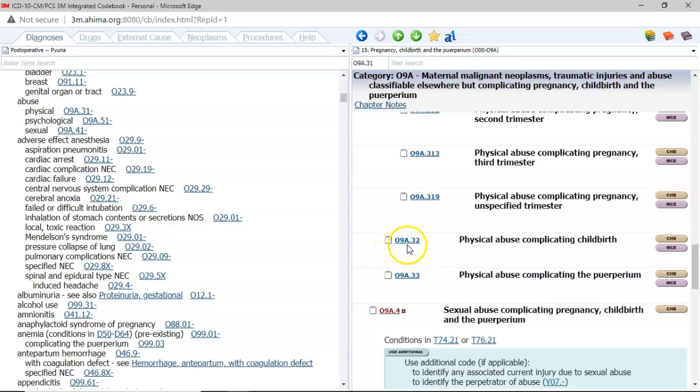So we have O9A.32, which is complicating the childbirth. So if they do not deliver, you specify the trimester. If they deliver, you use the code for complicating the childbirth. Now, in addition to that, we do use the Z code for the weeks of gestation. We also use the Z code for the outcome of the delivery. Then we have the perpetrator code, and then we have the code for the manually assisted delivery.